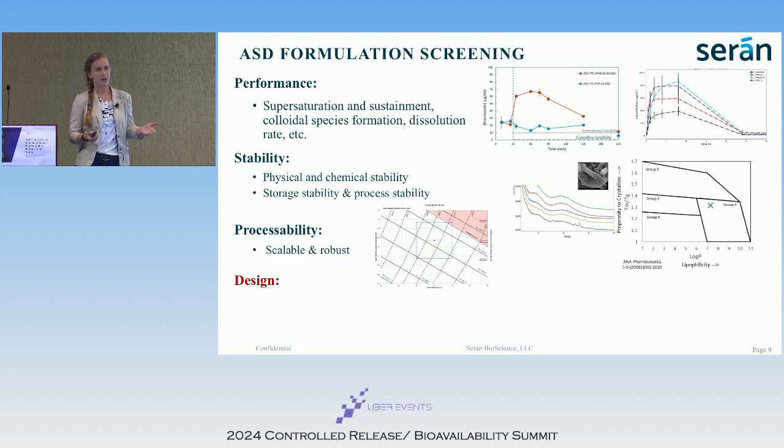Processability is as well a consideration in the early stages during the formulation screening. We really want to make sure that we have the experience and the knowledge and the awareness to not produce a formulation during screening that isn't amenable to being produced at scale. So that means selection of spray solvents. That means the way in which we're spray drying it, assuming it's a spray dried dispersion, to make sure that the thermodynamic space is scalable.